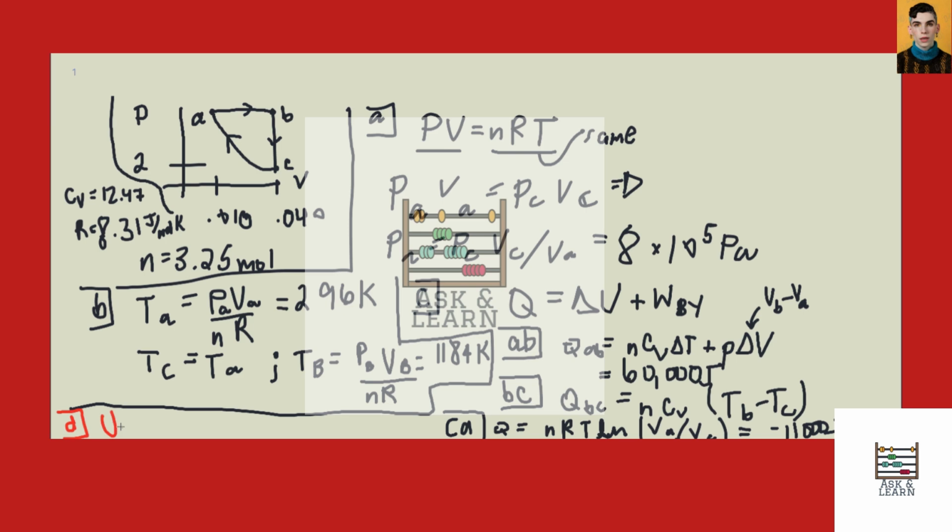So we of course want to use the equation delta U is N CV delta T. So for AB, it's N CV times TB minus TA.